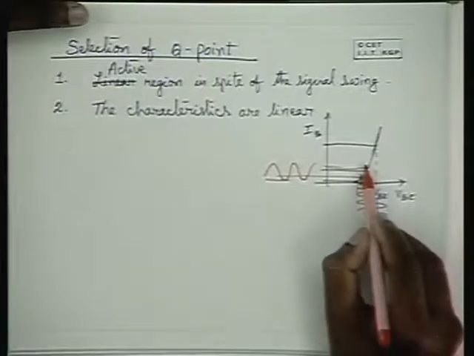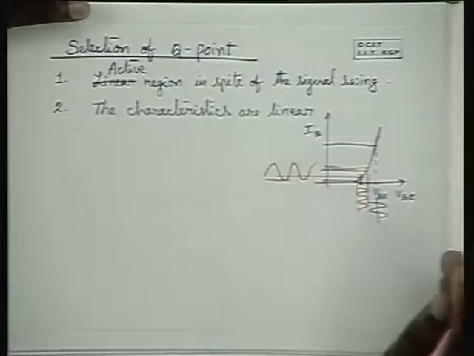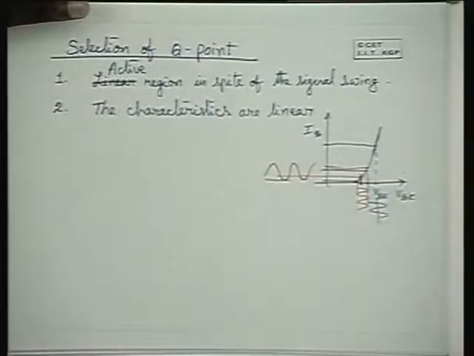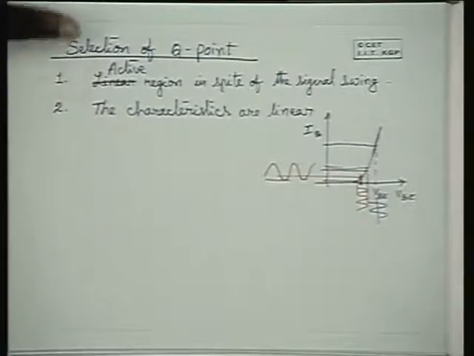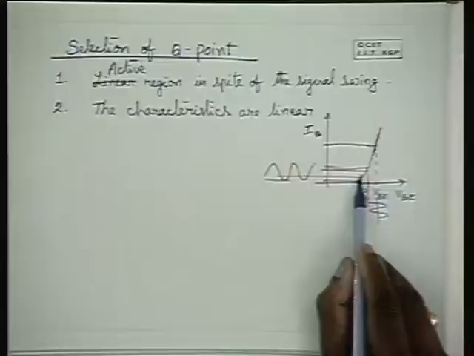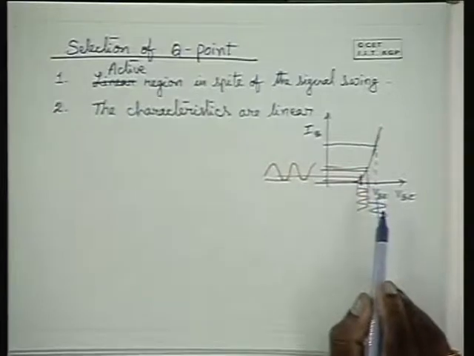On the other hand, if you operate in the linear region, you will get a linear output. Hence, it is important that the Q point is selected in the linear region for amplification applications. There are certain applications, some nonlinear applications, where purposefully we operate the transistor in the nonlinear region.